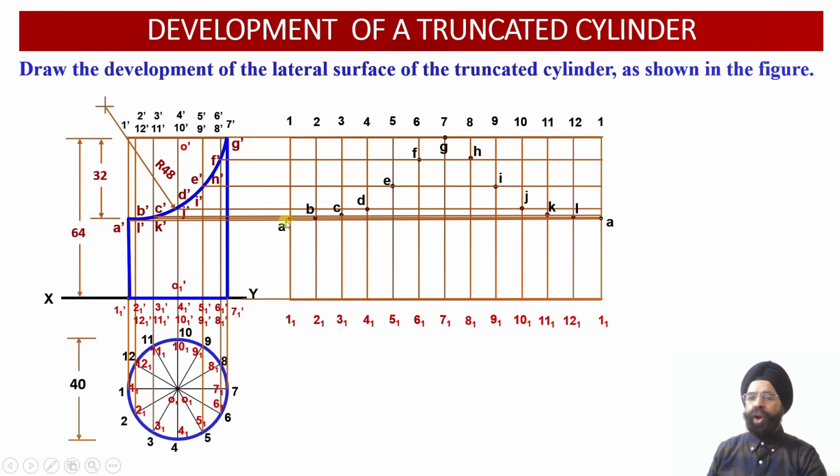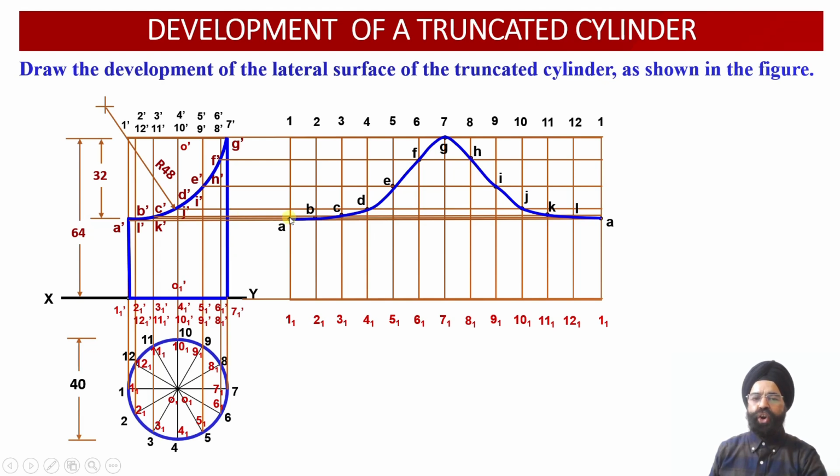So this way, all the 12 points of intersection have been appropriately located in the developed surface of the cylinder over here. Now if we join all of these 12 points, we obtain the development of the truncated cylinder top surface, where the cylinder had been intersected at different points by this circular arc over here. And now we can see this portion of the cylinder has not been intersected.